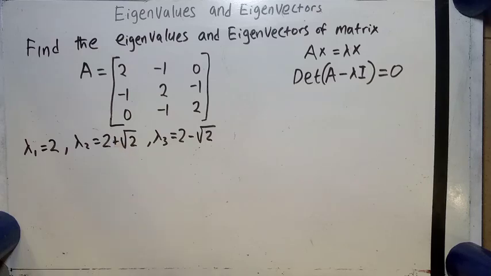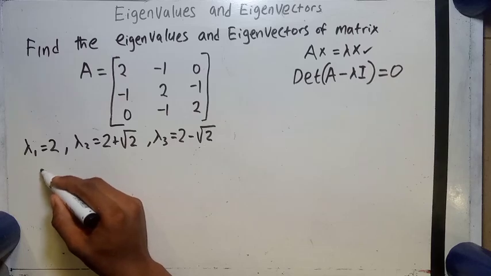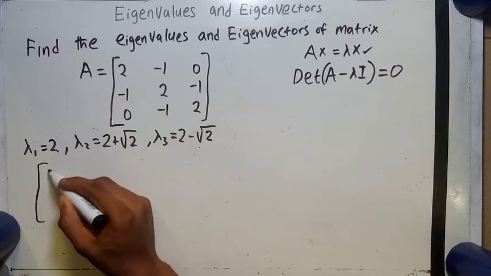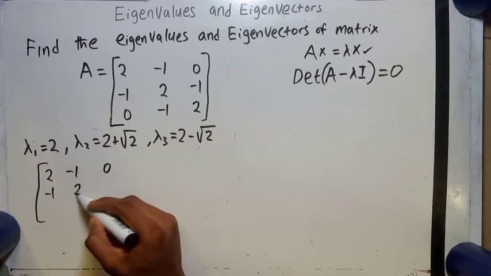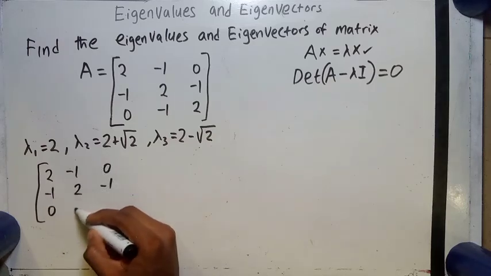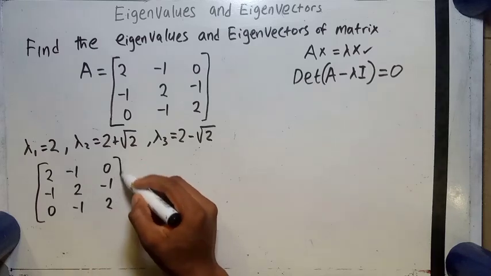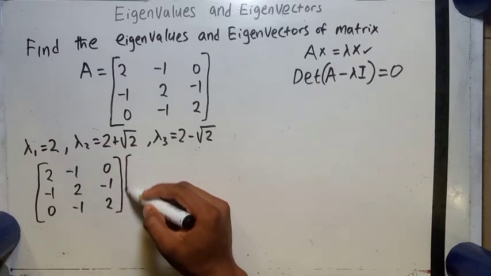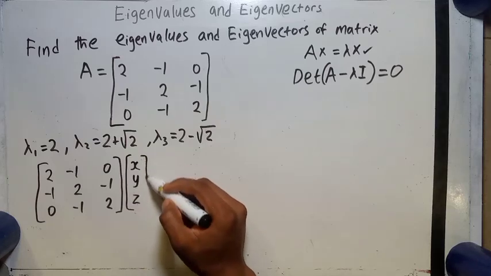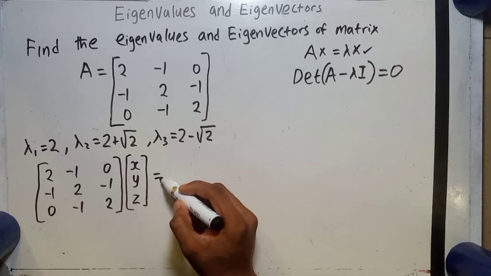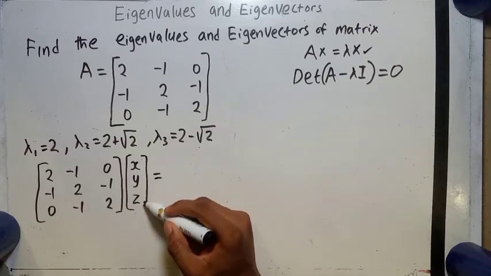Now going for our eigenvectors again. I'm going to be using this formula now. So we have that our A being 2 minus 1 0, minus 1 2 minus 1, 0 minus 1 2, all multiplied by x y z is equal to... Ask where is xyz from?